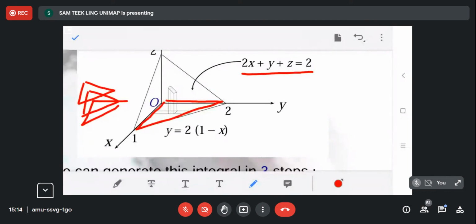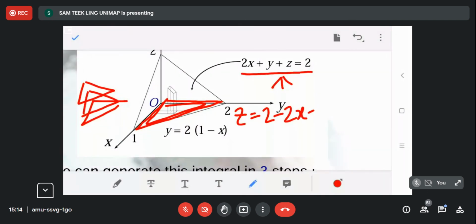So for the volume, we start at z equals 0, this plane. Then you add all the planes. We will stop when we touch this plane. This one you rearrange, you will get z equal 2 minus 2x minus y. It comes from this one. You rearrange, you will get your z limit.